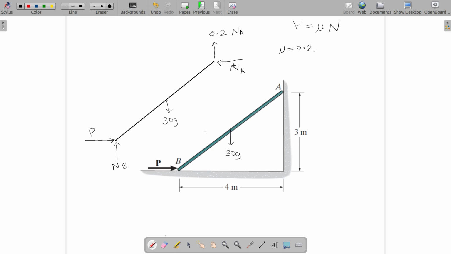Here we have accounted for both the normal force and friction, weight, external force, everything. Now what is the total number of unknowns in the equation? NA, NB and P. Three unknowns, but we can also come up with three equations here.